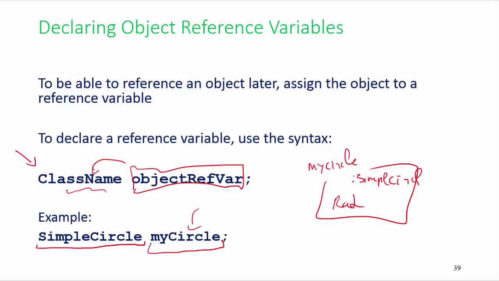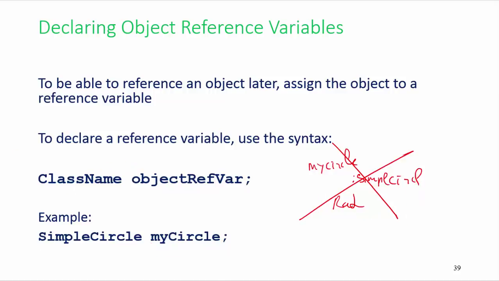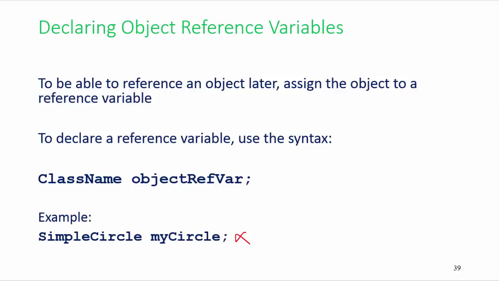And by now, from the diagram that I drew on the slide, you should know that this is not actually how things work in reality. This is not what happens when you issue one declaration like that. What actually happens is that if you write this line here, you have myCircle, which is just a tiny variable, and it's meant to contain a reference value.